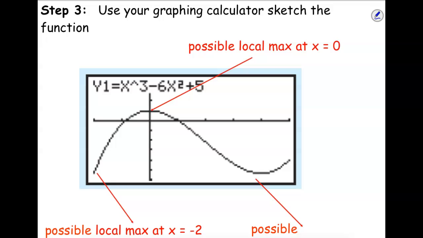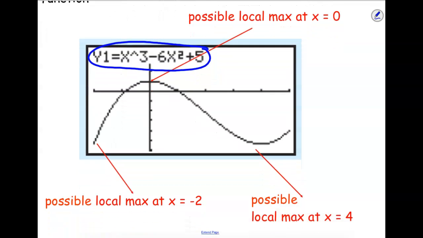All right, step 3, we're going to use our graphing calculators to sketch this function. So here's your graphing calculator. You're going to type in the function, and we're going to see this curve. So this is the x value -2, -1, 0, 1, 2, 3, 4.